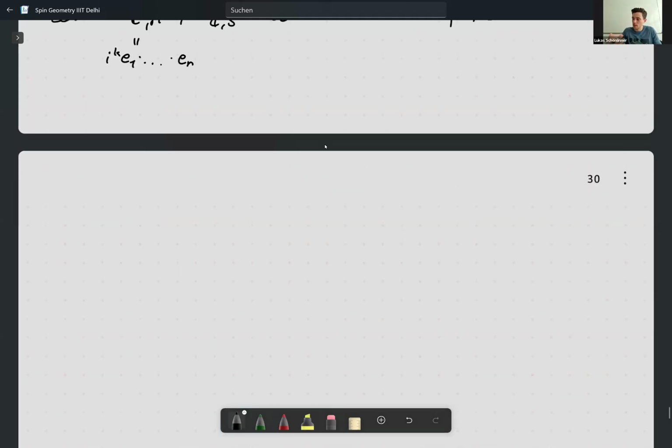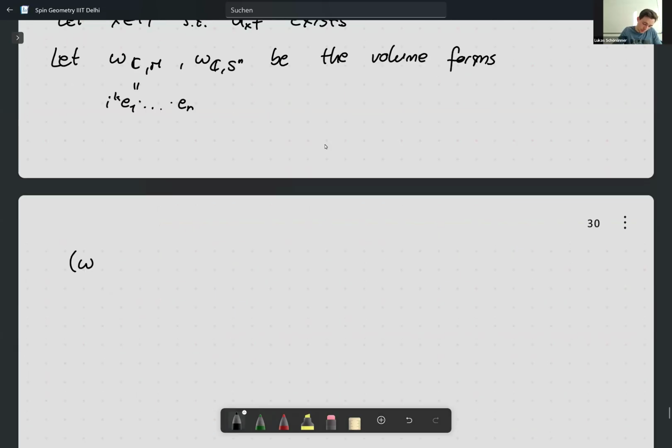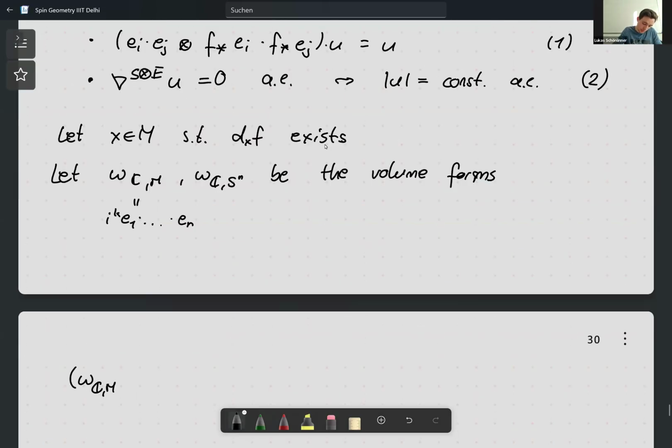So since the harmonic spinor lives in the positive part, this omega_M tensor omega_S^n applied to u will act as the identity. So this is part 3.